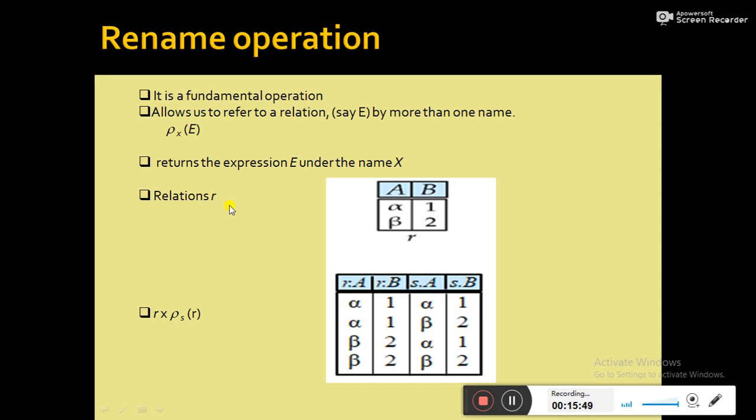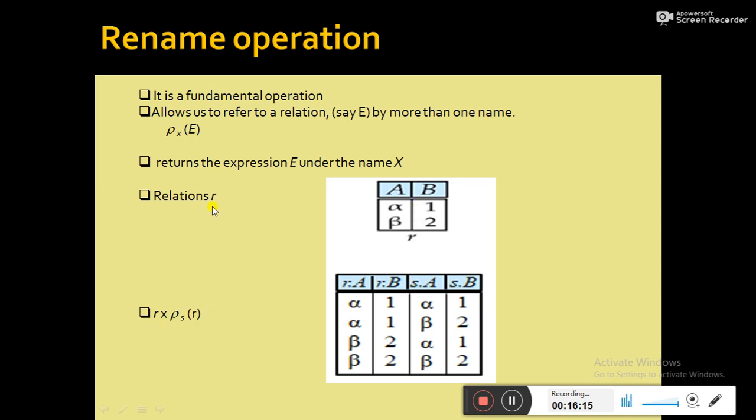Take an example, relation R. Now if we want to perform the Cartesian product with the same relation, whereas in the previous example we performed Cartesian product among two different relations R cross S, but if you want to perform Cartesian product with the same relation, R cross R, how do we distinguish the attributes among them?